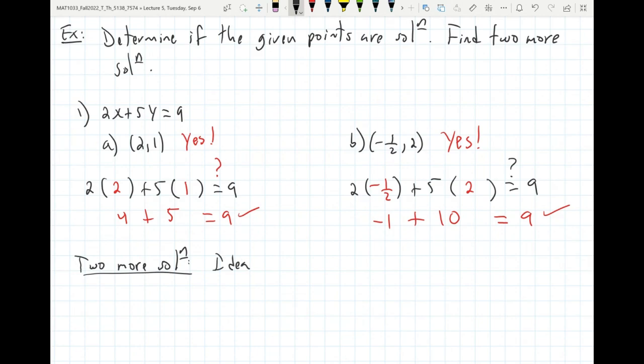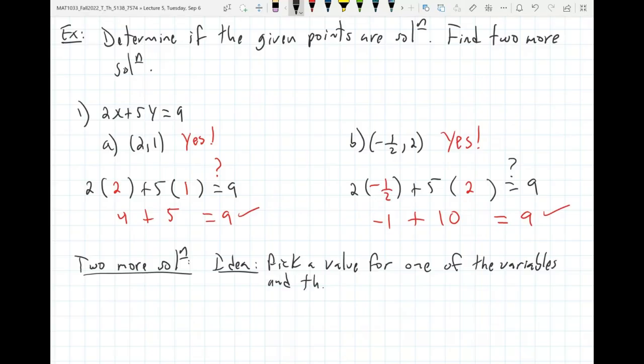So the idea here is to pick a value for one of the variables and then solve for the other one.